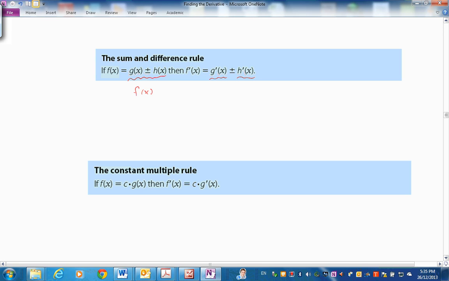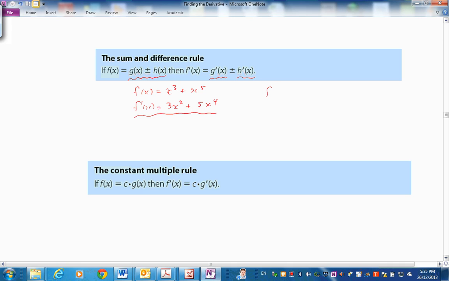If f(x), let's say, is x^3 + x^5, then the derivative is the derivative of the first one using the x^n or power rule plus the derivative of the second one.